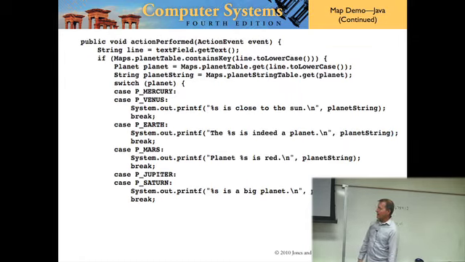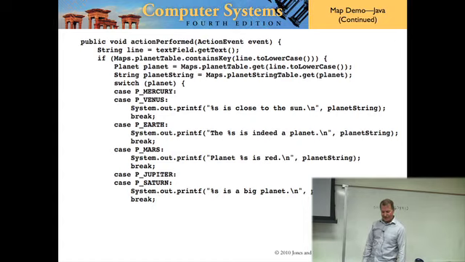All right, now what happened whenever we clicked the button or pressed return when the cursor was in that text field? It sent stuff out to the console, right? And so the first thing that we do is we have a local variable line, type string, text field.getText. And now check out the very first if statement.